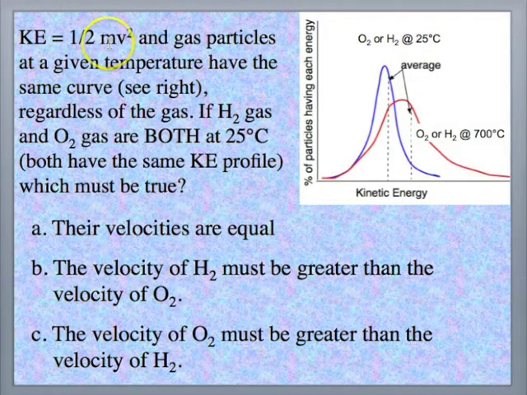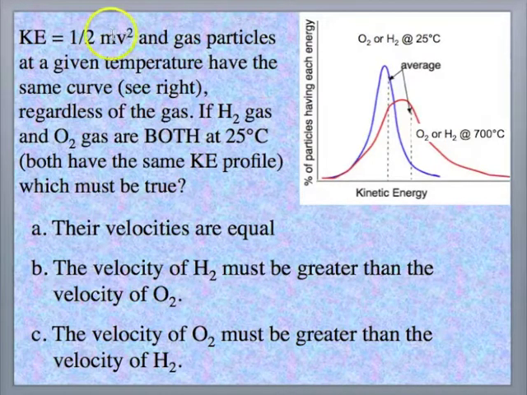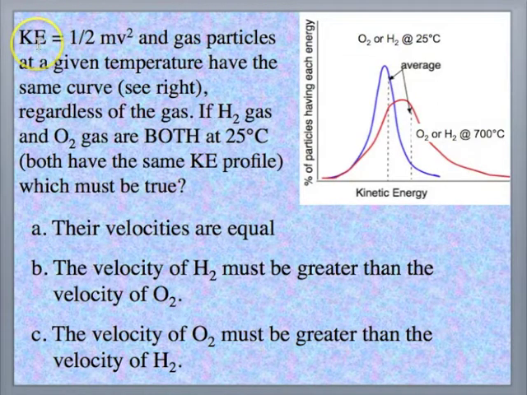So the lighter the gas is, the smaller its mass is, and to make up for that, the velocity of the lighter gas has to be greater, such that mass times the square of the velocity times 1/2 equals the kinetic energy.